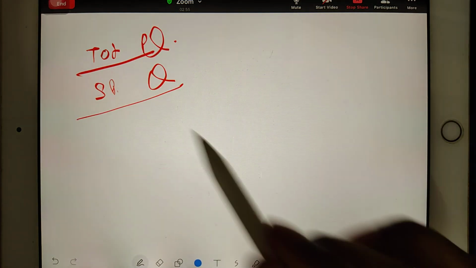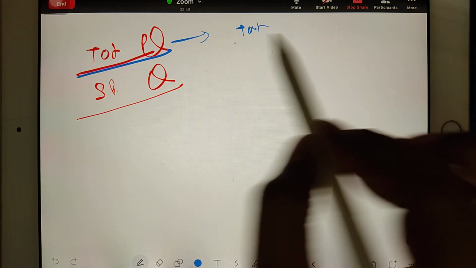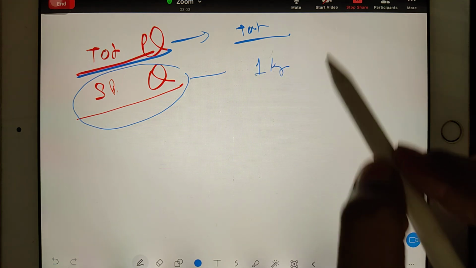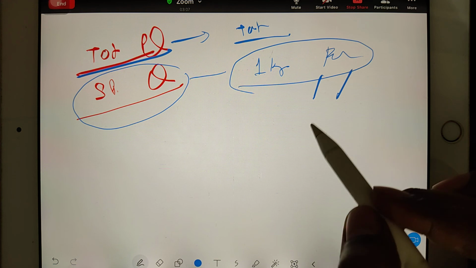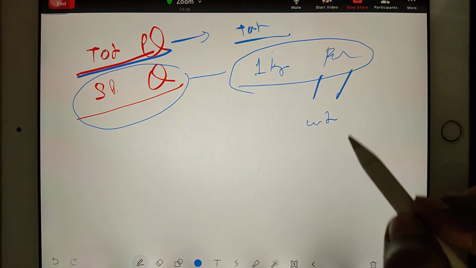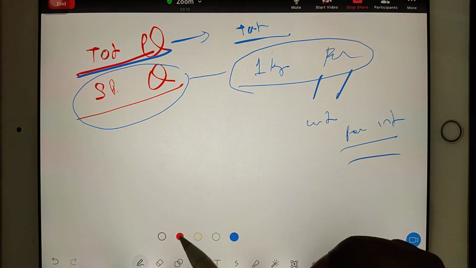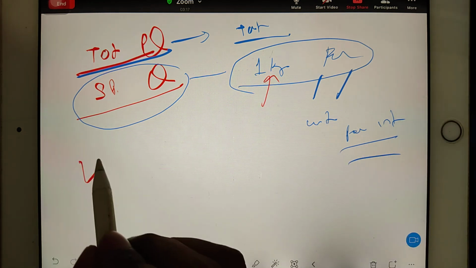Total quantity is defined for total mass. Specific quantity is defined for 1 kg, or you can say per kg, or sometimes if you change the country, then the unit will change, then per unit mass. In the SI system, we take 1 kg. I hope it's clear. For example, volume.